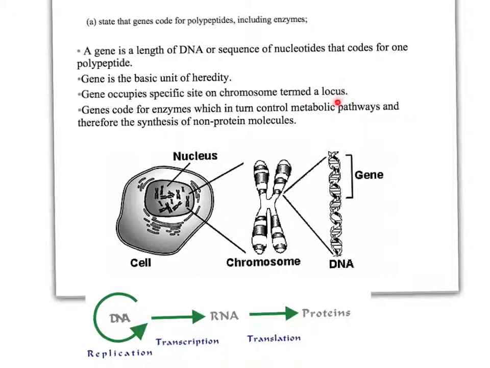So a gene occupies a specific site on a chromosome which is termed a locus. So this could be the locus for a particular gene here. For example, the locus for the gene that encodes for the protein insulin, for argument's sake.